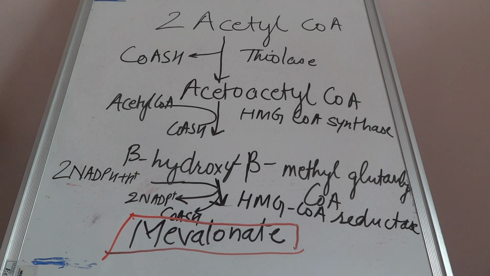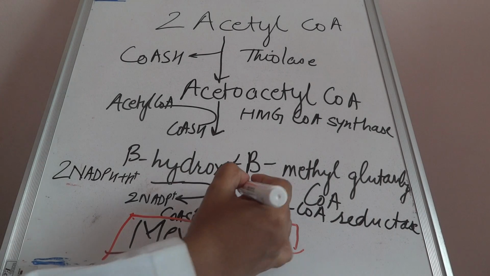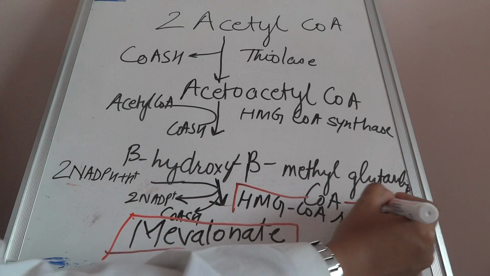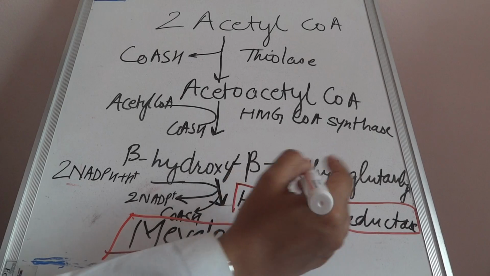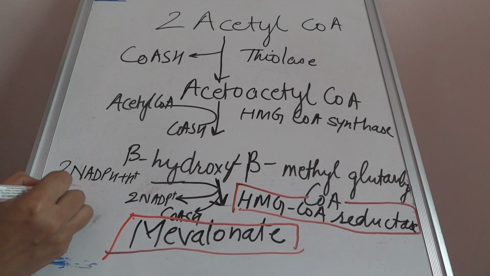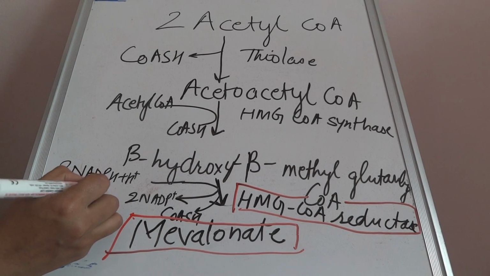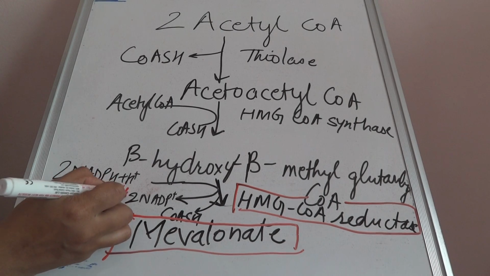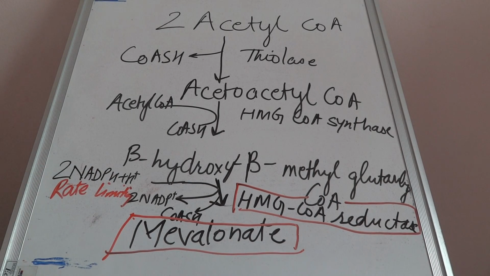So it is very easy to remember. First 2 acetyl coenzyme A is used, then it forms acetoacetyl CoA. Again one more acetyl coenzyme A is used. It forms beta hydroxymethyl glutaryl CoA. Finally mevalonate is formed. The enzyme which is most important in cholesterol synthesis is HMG coenzyme A reductase, and this reaction is the rate limiting reaction, or the rate limiting enzyme for this whole cholesterol synthesis.